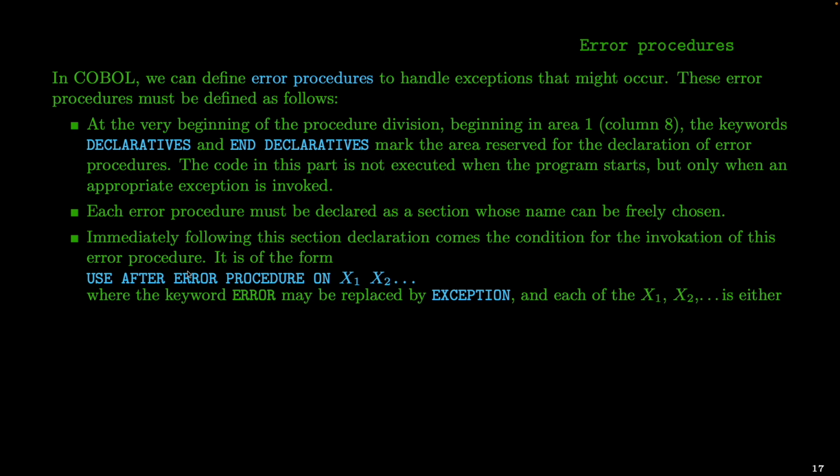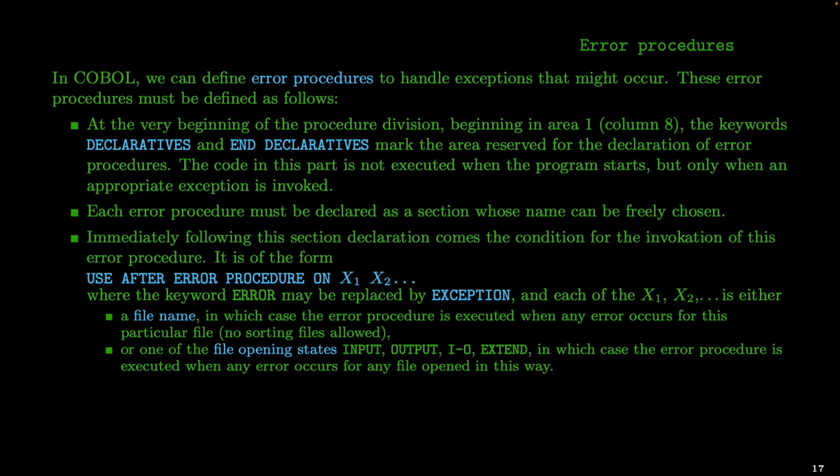So first, the error can be replaced by exception, so it's the same meaning. And x1, x2 is either a file name, so an internal file name, which means the procedure is executed when any error occurs for this particular file. But these have to be files that are defined with FD, so you can't use sorting files, the ones defined with SD for these error procedures.